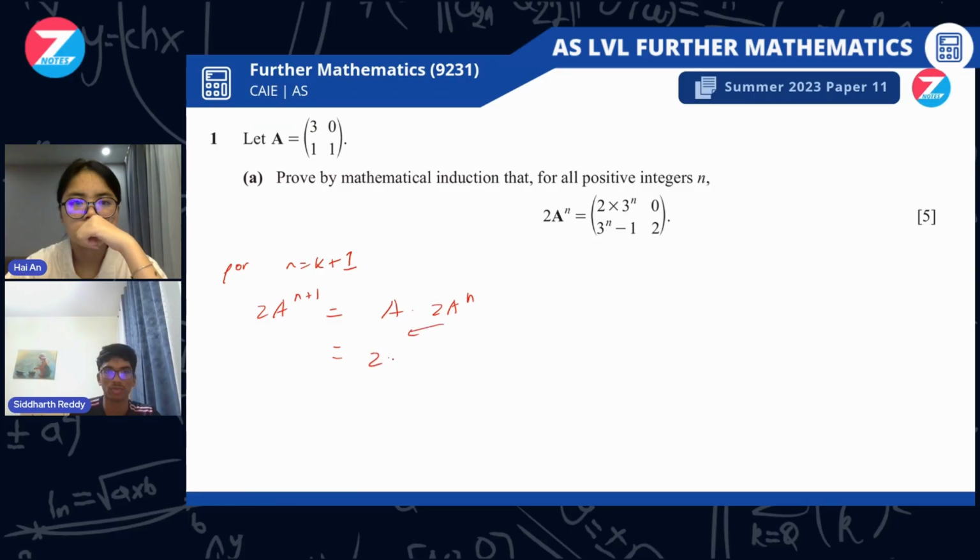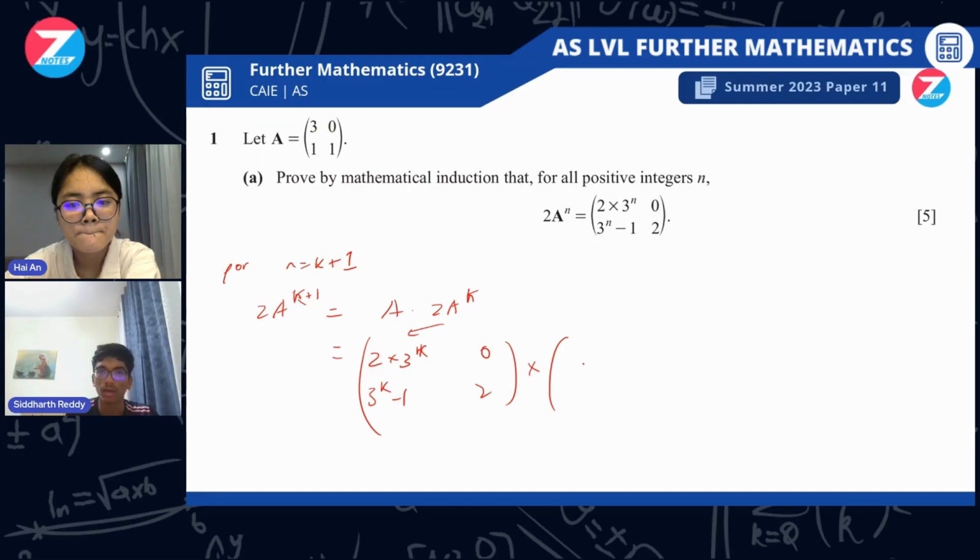So we have (2 times 3 to the power k, 0; 3 to the power k minus 1, 2), taking n as k, times A itself, (3, 0; 1, 1).